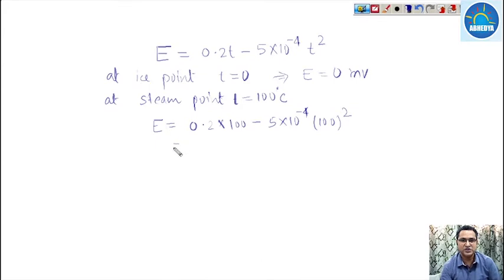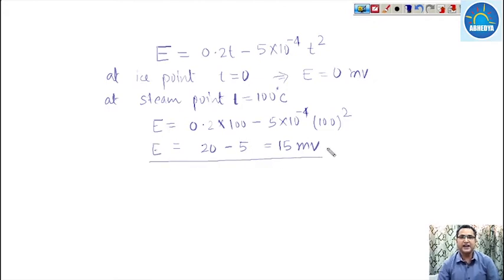So 0.2 into 100 is 20, minus 5, so this becomes 15 millivolt. So the induced EMF is 15 millivolt at 100 degree centigrade, that is at your steam point. Is it okay?